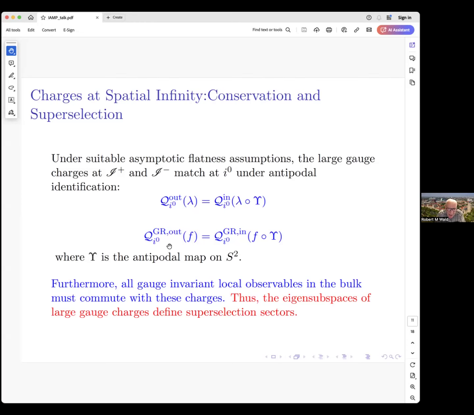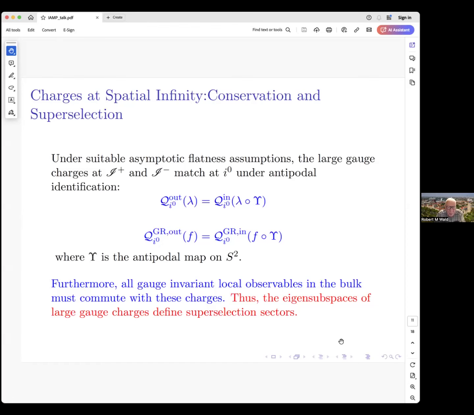So this is the gravitational case here, the electromagnetic case here. When you do an antipodal matching, or identification, of the two spheres, these charges map and match, and that's an important kind of conservation law in some sense in the scattering.